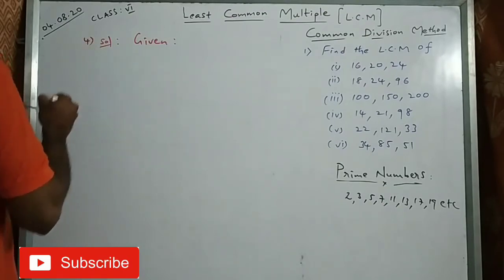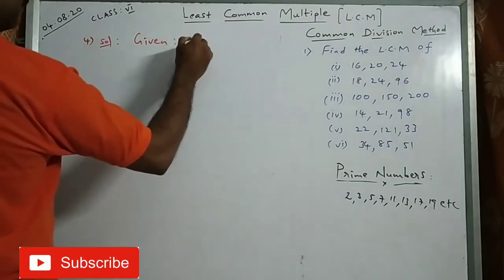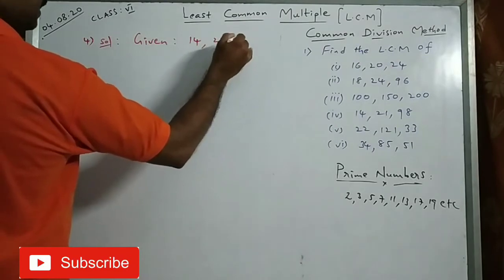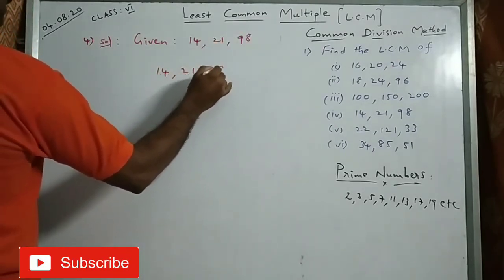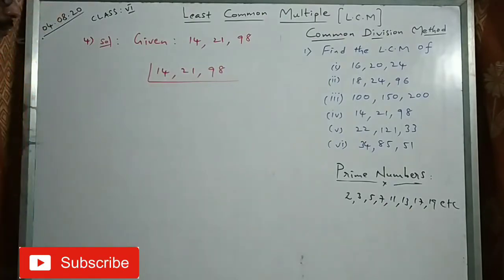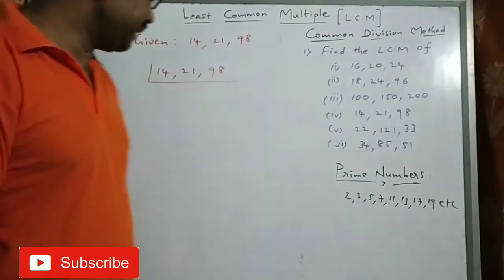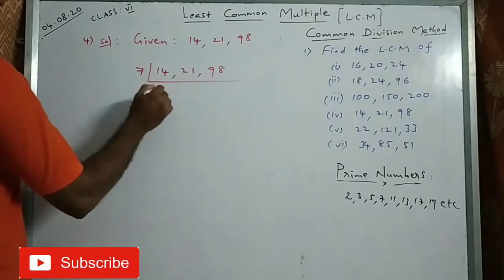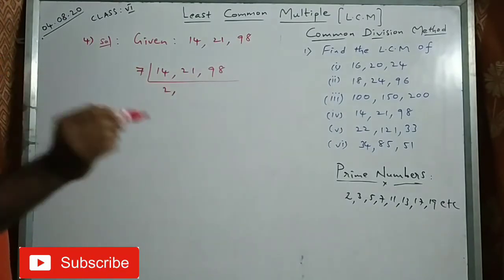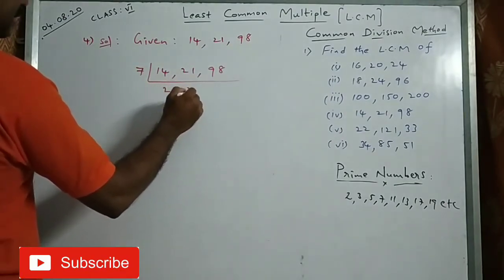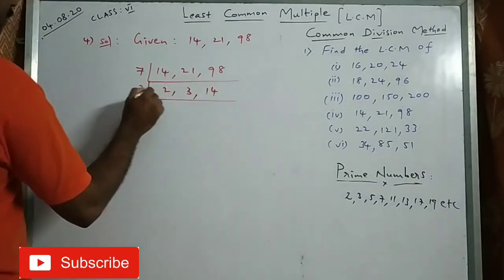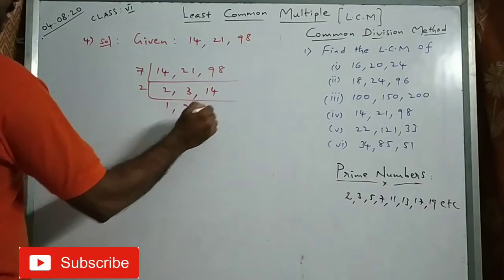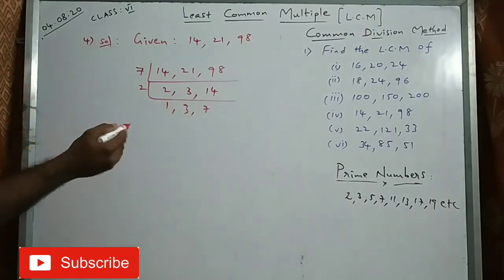Okay? Look at the fourth one. Fourth solution. What are the given numbers? 14, 21, 98. Which prime number would we like to see? Let us see 7. 7 will go. Only primes you must use. Remember that. 7 2s are 14, 7 3s are 21, 7 14s are 98. 2 1s, 2 7s. 3 and 7 are already primes.